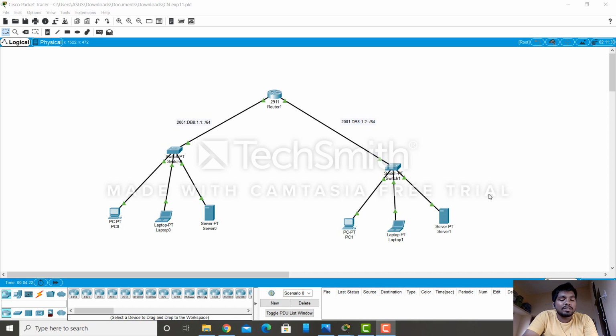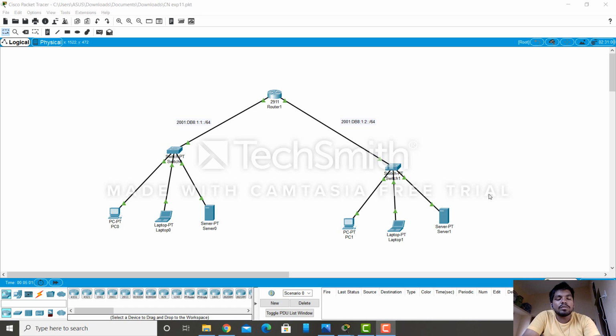For example, 21DA:D3:0:0:2AA:FF:FE28:9C5A can be compressed to 21DA:D3::2AA:FF:FE28:9C5A. This is the compression of the given example.